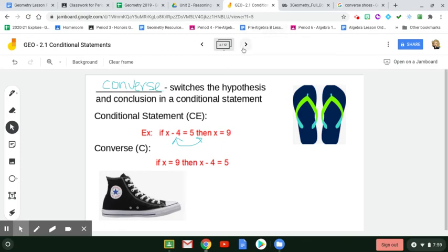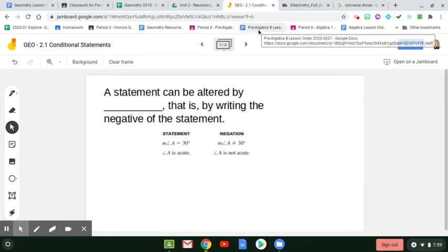Another type of logical item that we can perform on any type of conditional statement is called negation. And this is our next vocabulary word. A statement can be altered by negation, that is by writing the negative of the statement.